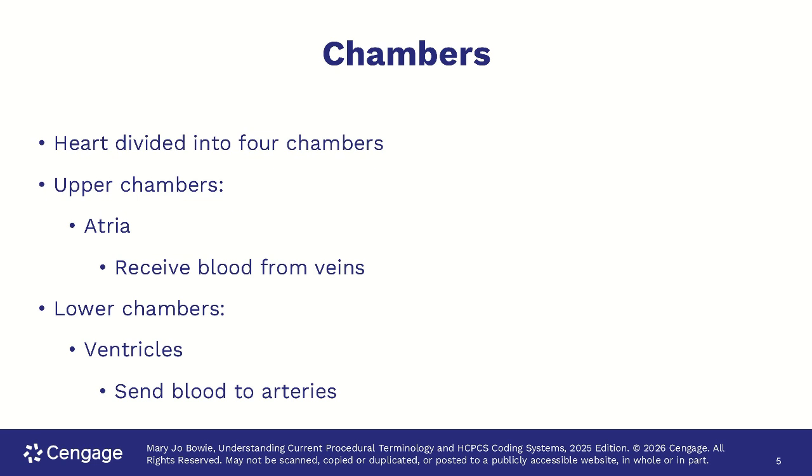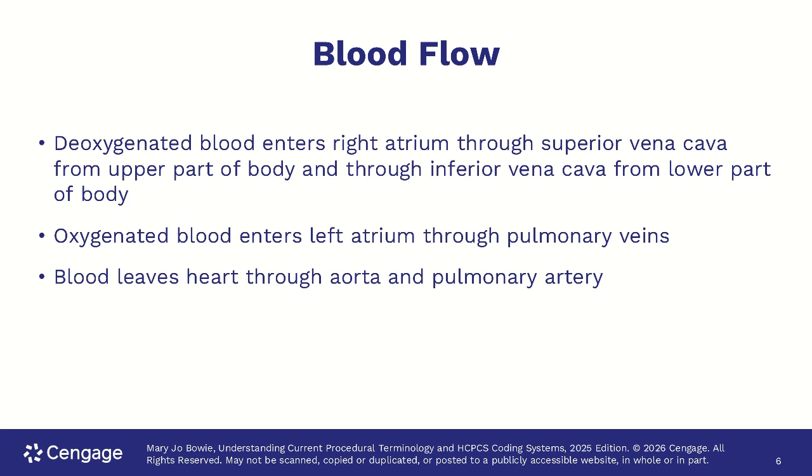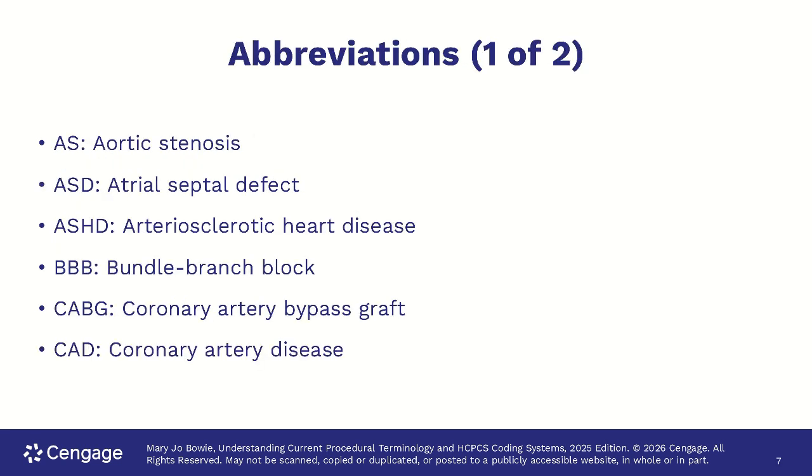From a flow perspective, blood enters the right atrium through the superior vena cava, which is from the upper part of the body, and through the inferior vena cava, which is the lower part of the body. Then the blood leaves the heart through the aorta and the pulmonary artery. The heart pumps in a rhythm, and the rhythm of the pumping is the job of the cells that generate and conduct the electrical impulses.